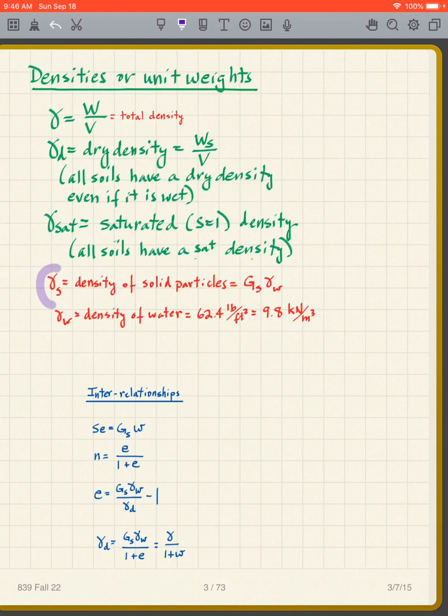Now, the density of the solid particles, gamma S, is not the same.